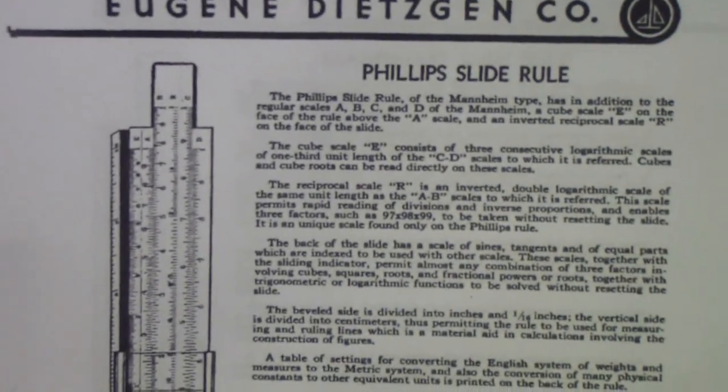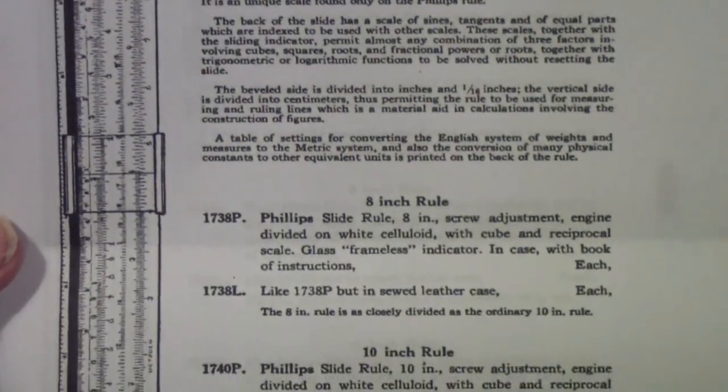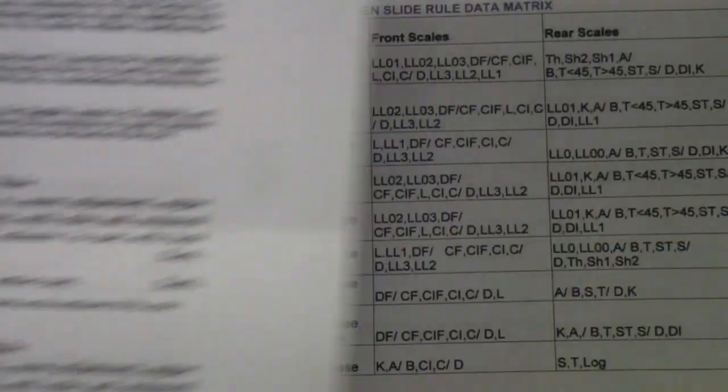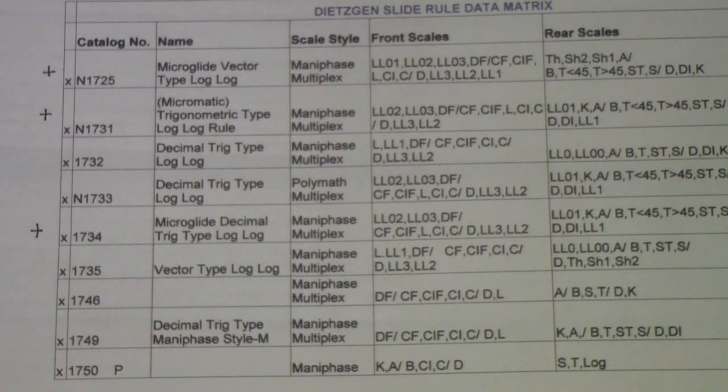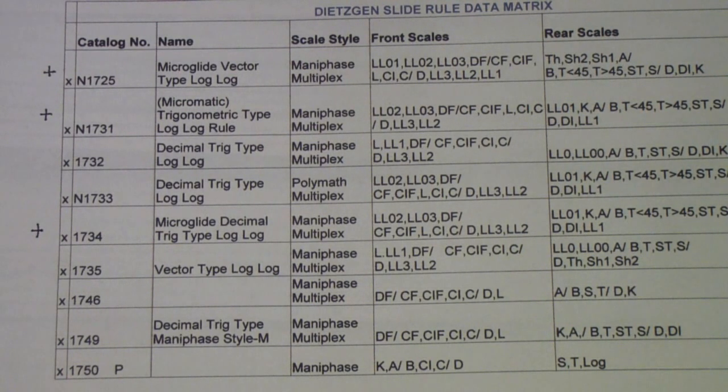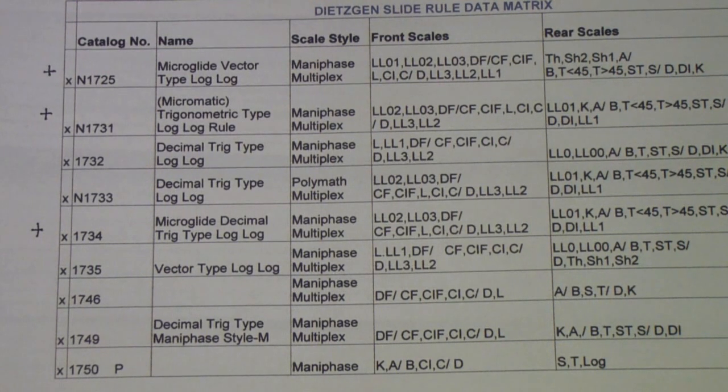This is a Phillips slide rule from their early catalog. And they also made a variety of other slide rules, but the ones that I'm most interested in are the duplex log-log rules.